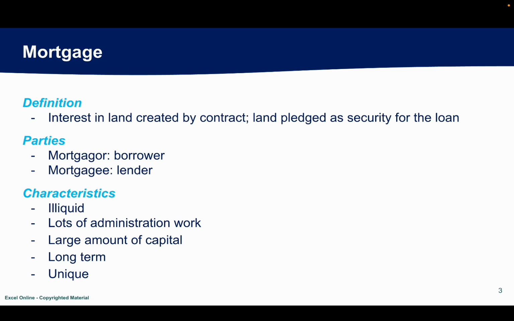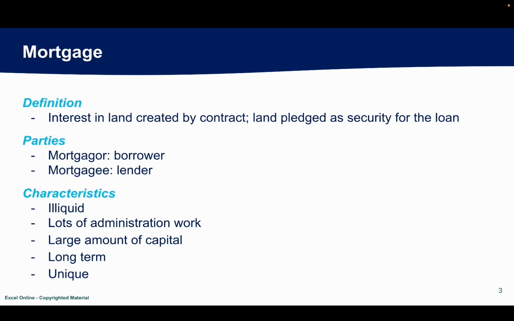Now, another characteristic is that a mortgage will have extensive initial and ongoing administrative work. Before lending money, the mortgagee must investigate the mortgagor's credit rating/history, their source of income, their ability to make payments, and investigate the property that is being purchased.